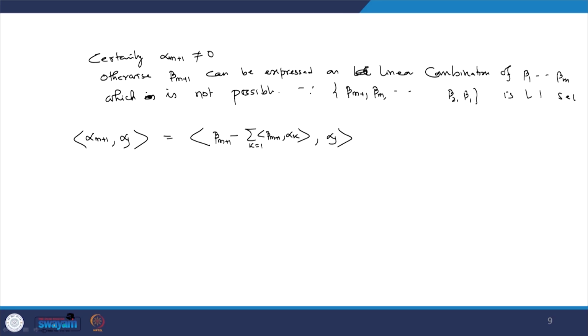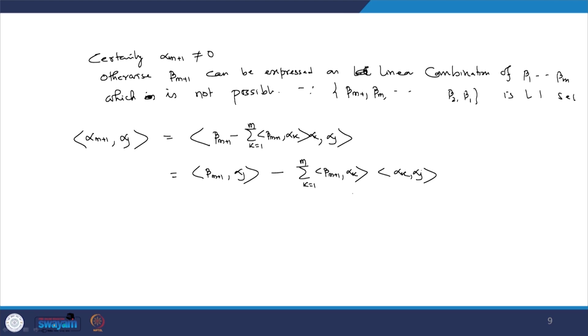This is equal to, by the property of the inner product, inner product of beta m plus 1 and alpha j minus sigma inner product of beta m plus 1 and alpha k, so this is alpha k is missing, okay, and inner product of alpha k and alpha j. So, it is like this, k equal to 1 to m.